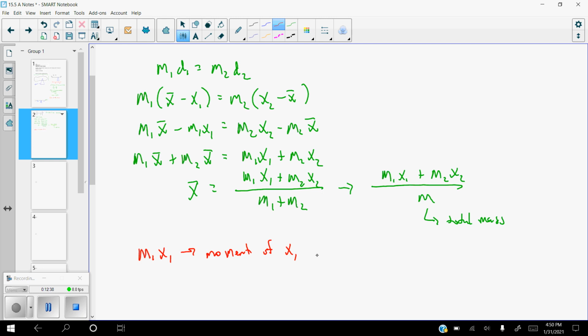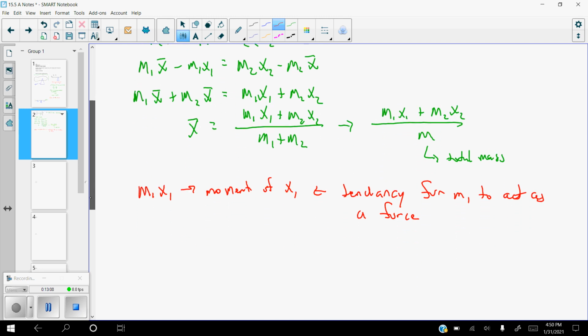Well, really what it means is this is the tendency, see if I can spell this right, tendency for M1 to act as a force. So it's the tendency for that specific mass to act as some kind of a force on our surface.